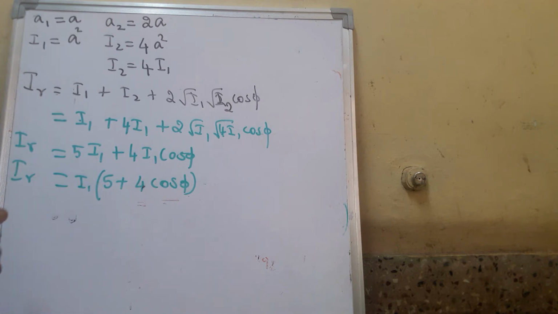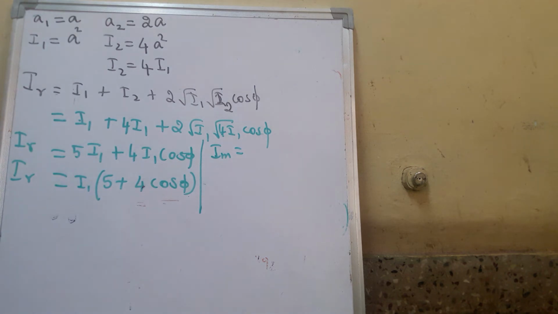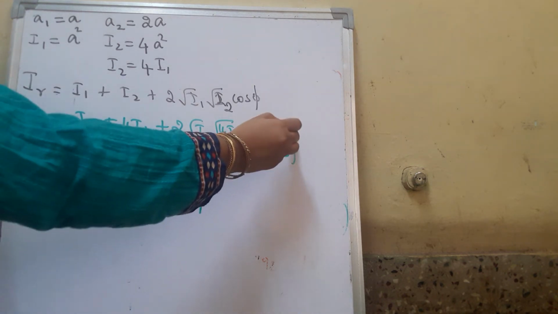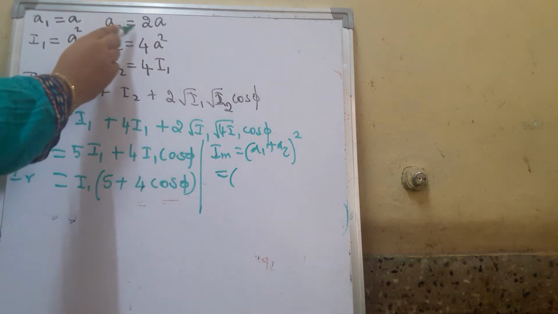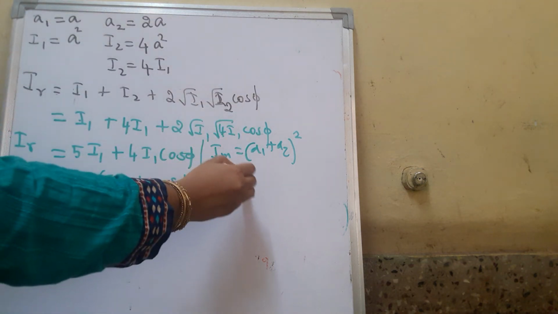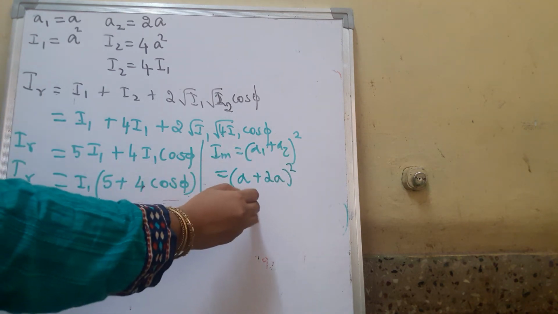Now let us calculate I1. What did they say in the question? IM is the maximum intensity. The maximum intensity is A1 plus A2 the whole square. A1 is A and A2 is 2 times A. Substituting, this is A plus 2A the whole square, that is 9 times A square.